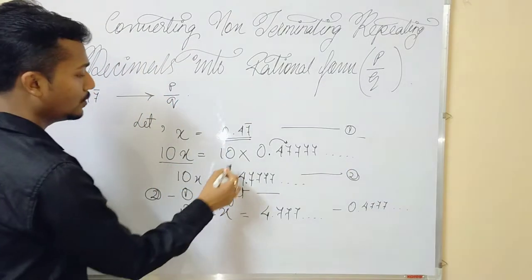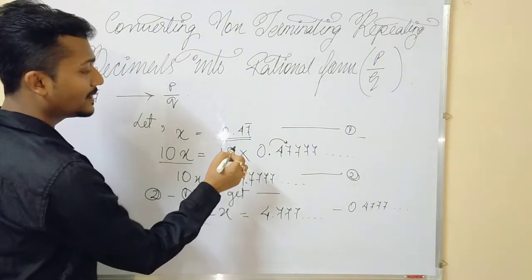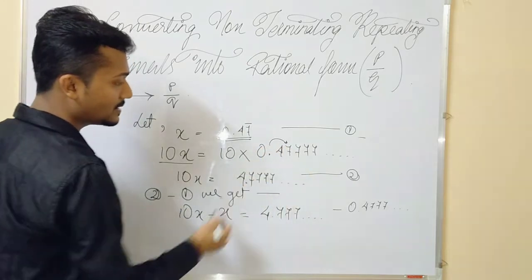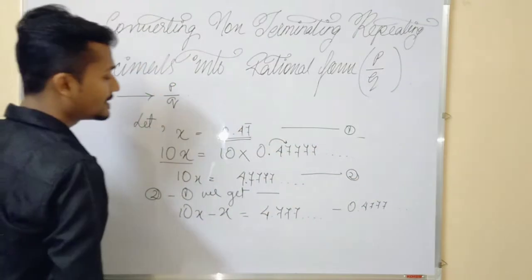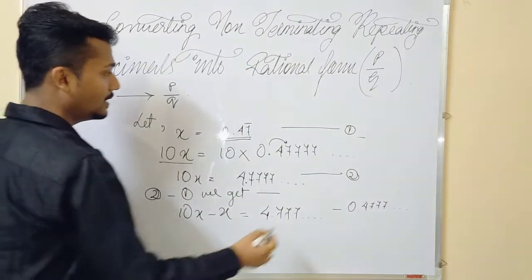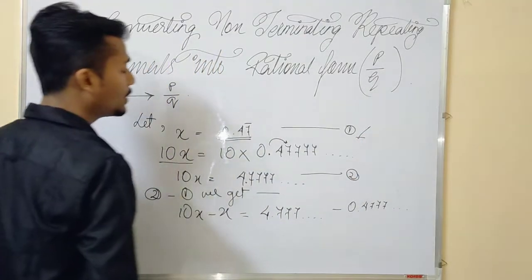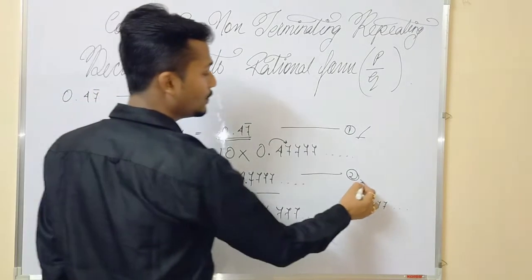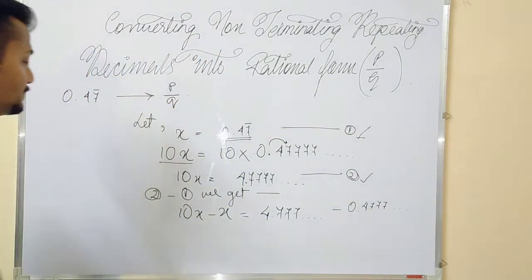Since we are multiplying with 10, the decimal will move once to the right. That means 10x is 4.7777 dot dot dot. This equation we will mark as 2.